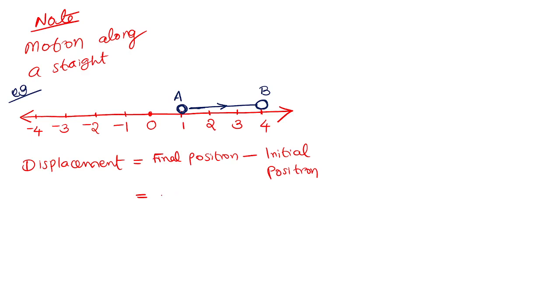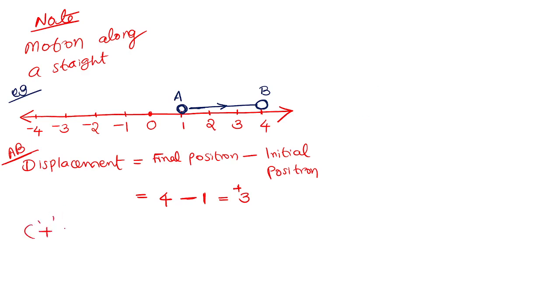The final position is +4, the initial position is 1. This is for AB. The displacement will be 4 minus 1, that is plus 3. What it means is that the plus represents that the body has moved towards right.